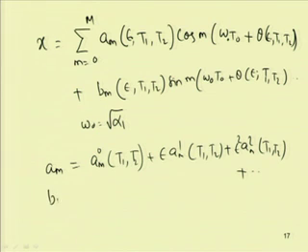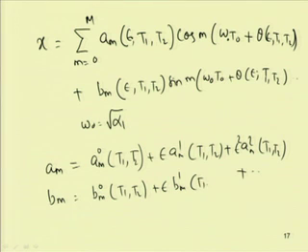Similarly, this Bm can be written as Bm 0 T1 T2 plus epsilon Bm 1 T1 T2 plus epsilon square Bm 2 T1 T2 plus the higher order terms.